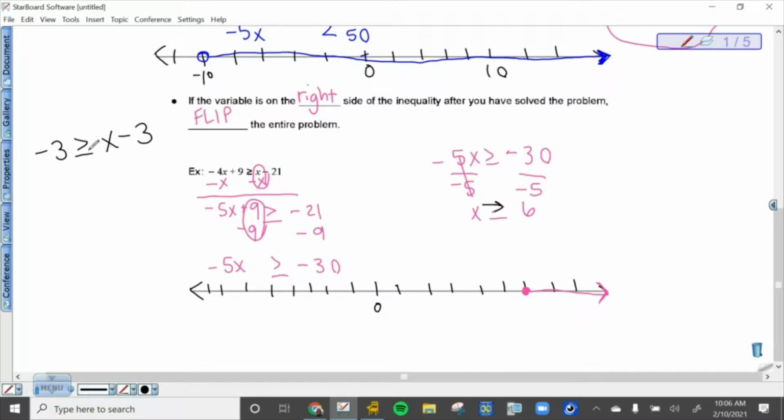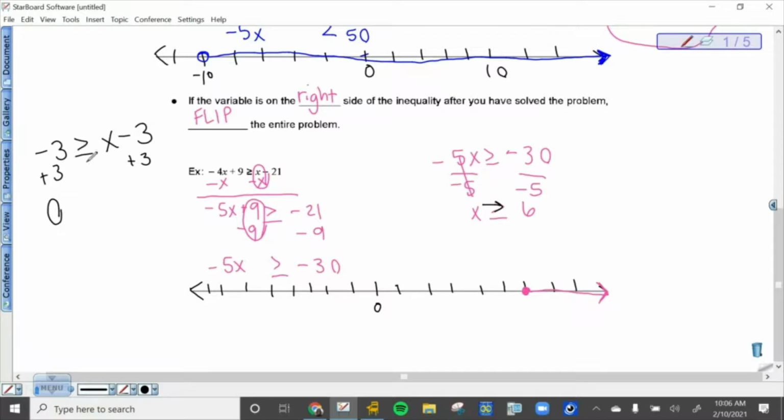So, can someone tell me what I need to do first to solve for x? Alex, what do you think? Yeah, I add 3. Add 3, which means I have to add 3 over here. Okay. Negative 3 plus 3 is 0.